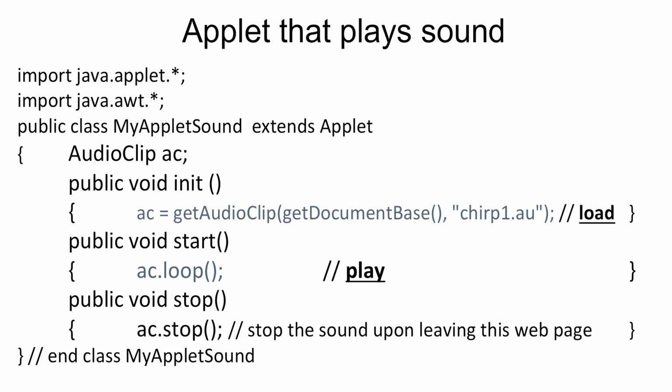Then ac.loop executes it in a loop, and ac.stop will stop the audio file and stop the sound upon leaving this web page. This is the end of the MyAppletSound class. This way we can load, play, and finally stop the audio file.